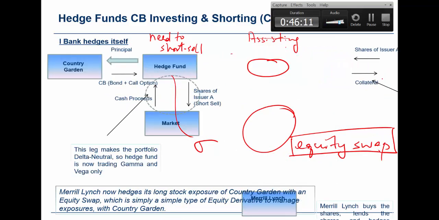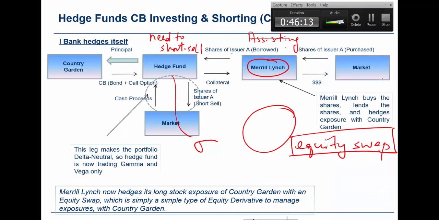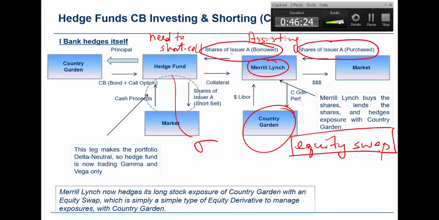and what they did was, Country Garden said, all right, I understand you bought these shares in order to lend them to the hedge funds, and thank you for doing that, and I understand you need to hedge yourself. How about we provide the hedge for you?